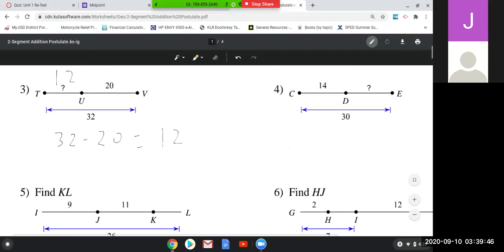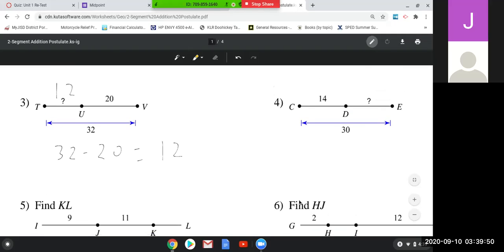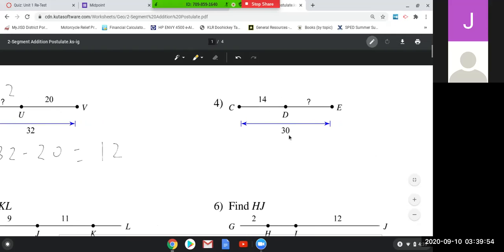And 12 plus 20 equals 32. And last of the really simple ones like this, 30, I've gotten 14. I need to find how much more I have to add to get to 30. 30 minus 14 equals 16. So this length right here is 16. And 14 plus 16 does equal 30.